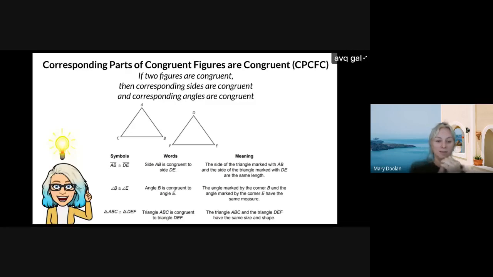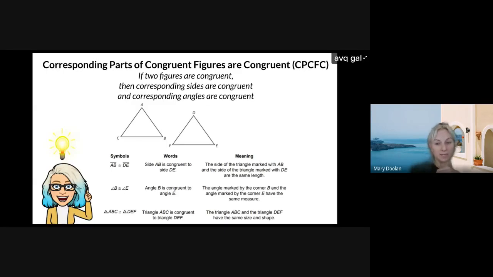And so with this notation, the way you read it is the middle column. The words column is how you read that notation. The symbols column is how you write that notation. And the meaning column is what it actually means. So in the first row, the way you read those symbols is side AB is congruent to side DE.